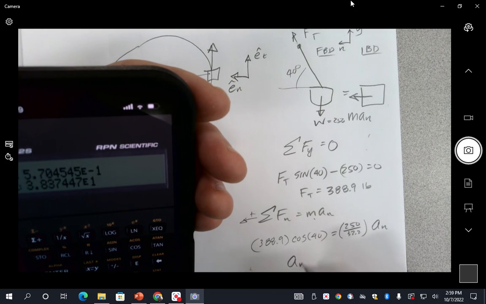So the normal acceleration turns out to be 38.37 something.